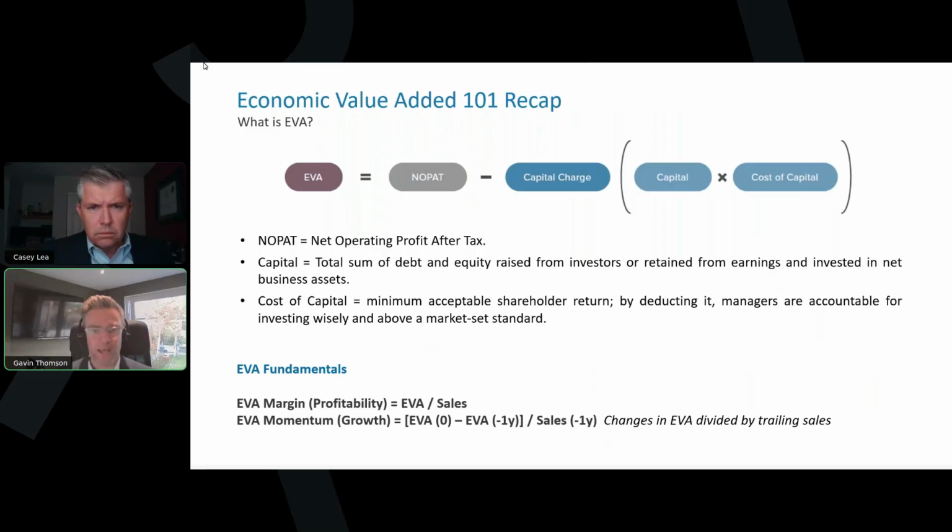We know in traditional accounting that's very hard to do because of different accounting standards, different adjustments. Ultimately, it doesn't matter whether you lease or own your assets. We're backing out the adjustments that accountants might make to give you that cleaned up NOPAT number as a starting point.